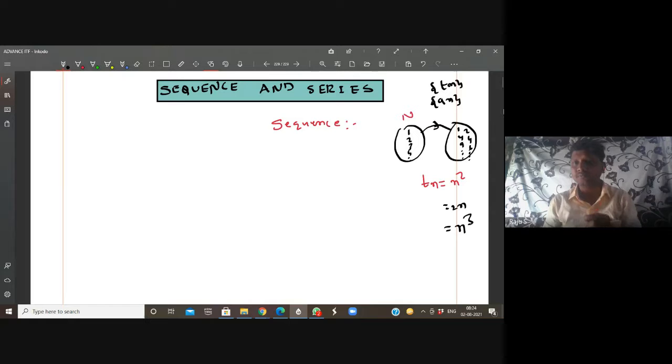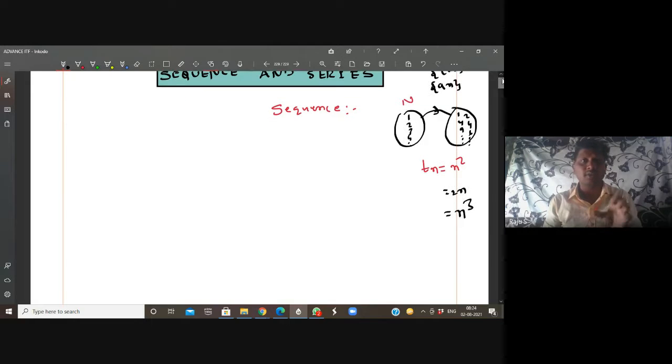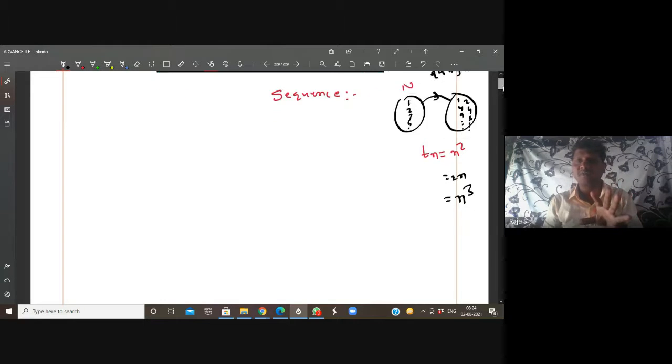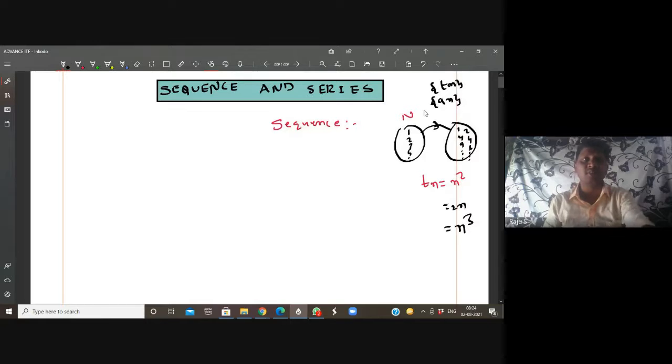Now, there are different types of sequence. The most important is the real sequence. What is the meaning of a real sequence? A sequence whose range is a subset of the real numbers is called a real sequence.